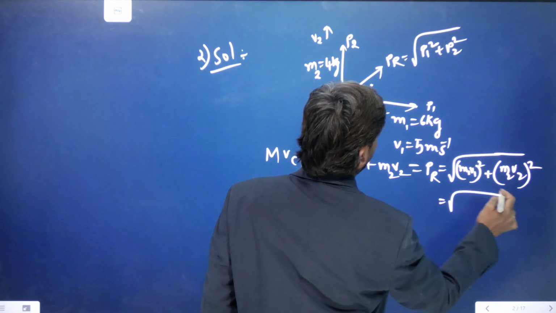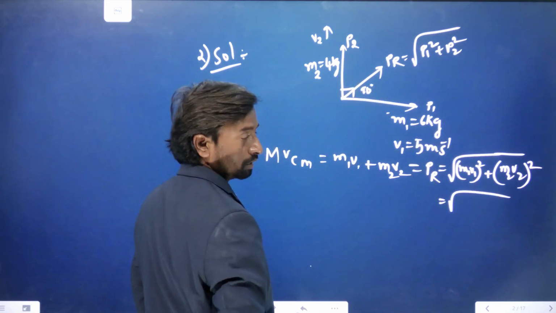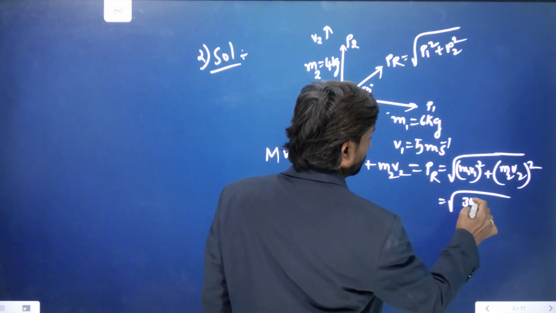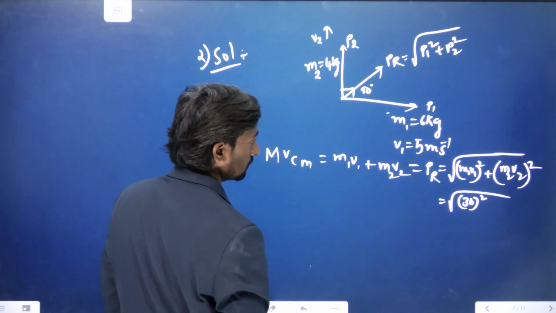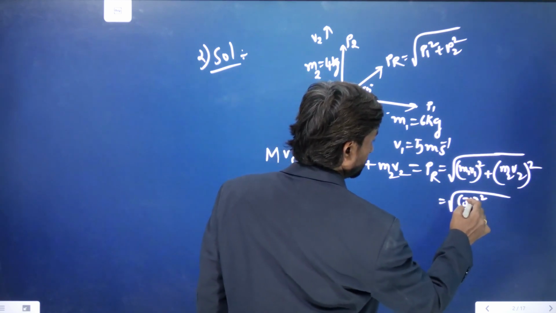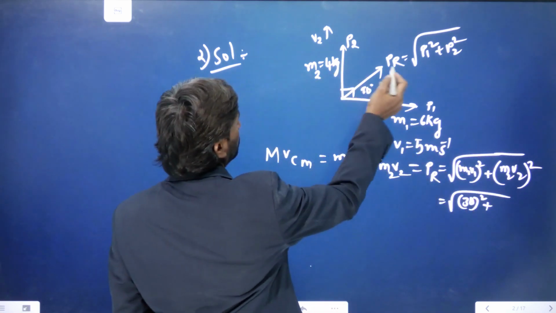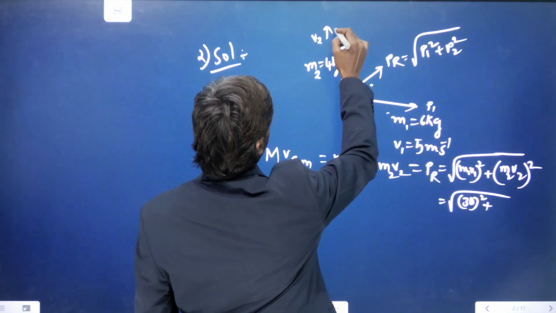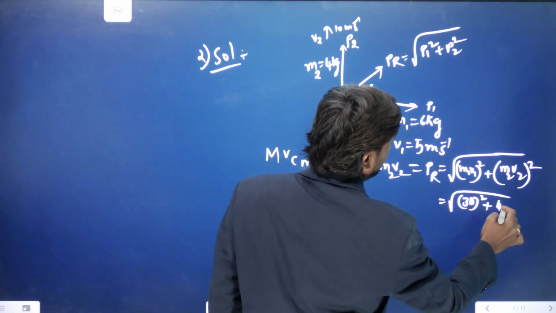Therefore here we can write 6 into 5, we get 30, 30 whole square, plus M2 V2, 4 into V2, which is given here as 10 meter per second, so we get 40, 40 whole square.